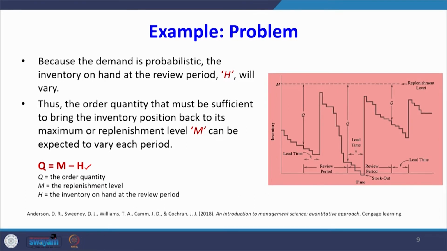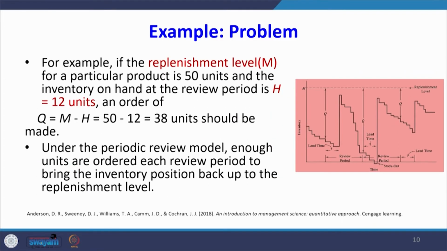So, we have to order the Q quantity so that we reach M, the replenishment level. So, M can be expected to vary. You see that sometimes it is here, sometimes here, sometimes here. So, this is expected to vary.